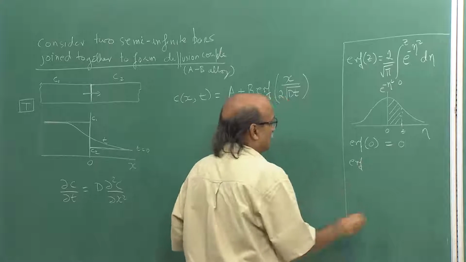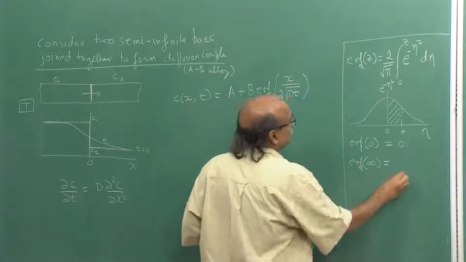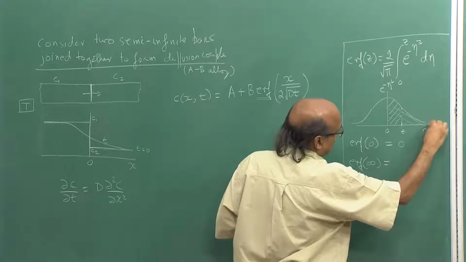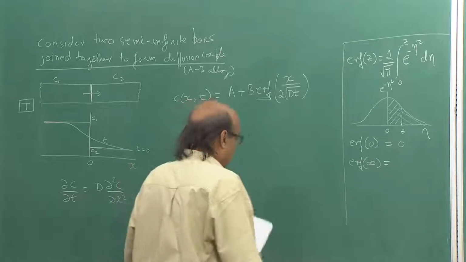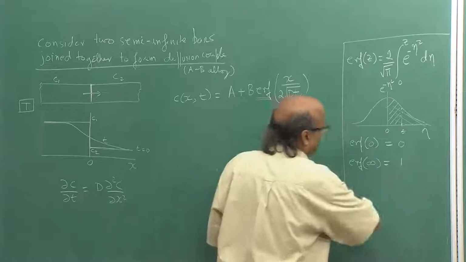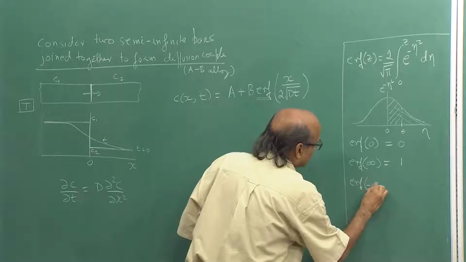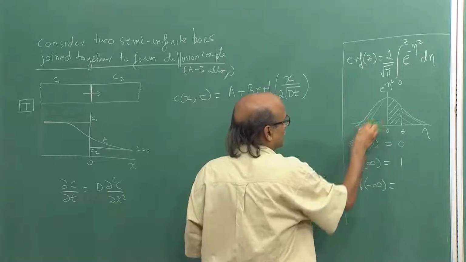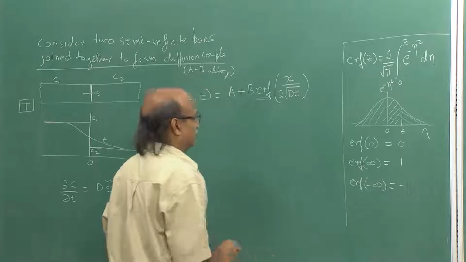Another special value is the error function at plus infinity. So, we are looking at the area over the entire curve from 0 to infinity. Then this value is simply 1. Error function at minus infinity, you are looking on this side now, is simply minus 1.